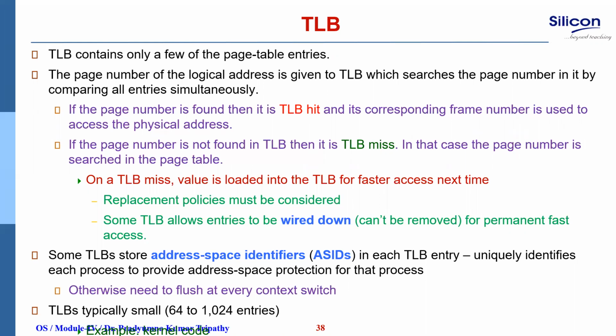If that table is inside the MMU, which is a part of the CPU, then it will be faster. But when the number of entries is large, or the size of the PMT is very large, we cannot keep it inside the processor. We have a limited number of registers. So we cannot keep the PMT inside the processor.